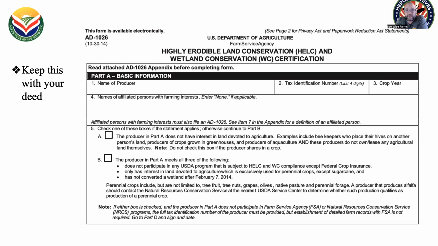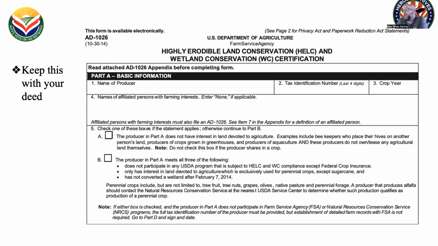It's one of the beautiful things about beekeeping: you can be a farmer without actually owning land, because lots of people want your bees on their land. If you do not have a piece of land that you are operating as a farm, meaning putting crops in the ground, and you are just a beekeeper that keeps bees on other people's property, that would be you. You would check box A.